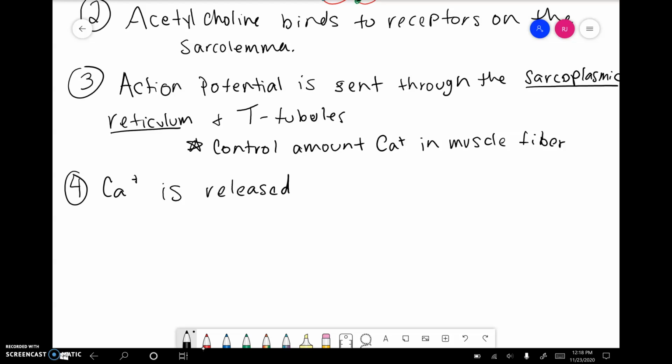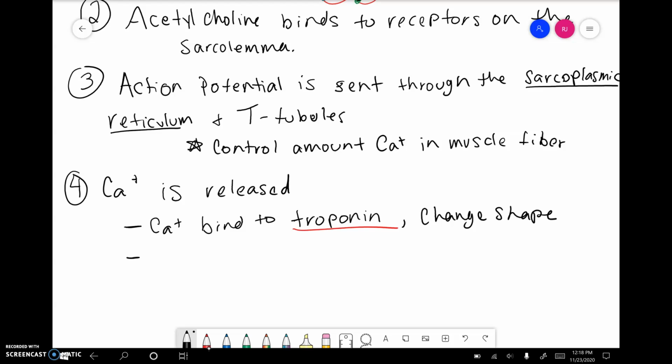So this releasing of calcium is going to do two things here. The calcium is going to bind to troponin. If we remember, troponin is a protein that is wrapped around our actin. And when it binds to this troponin, the troponin is going to change shape.